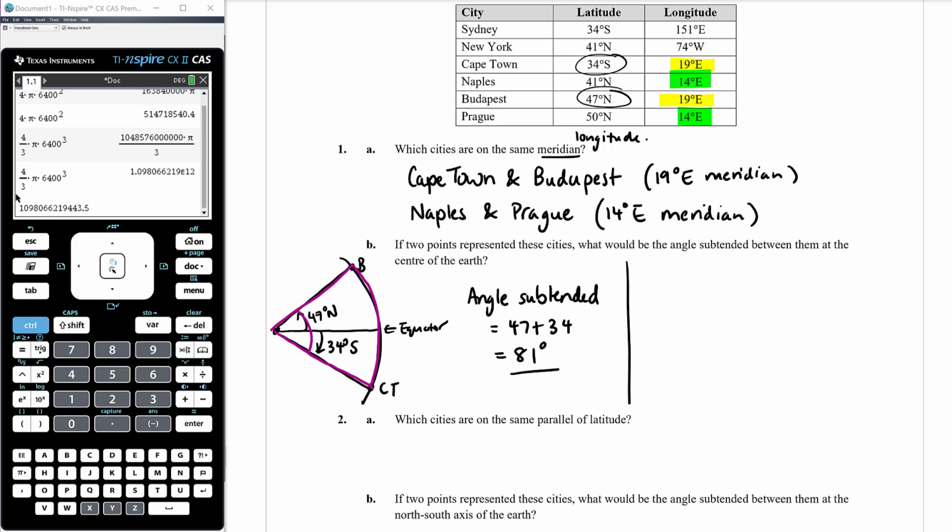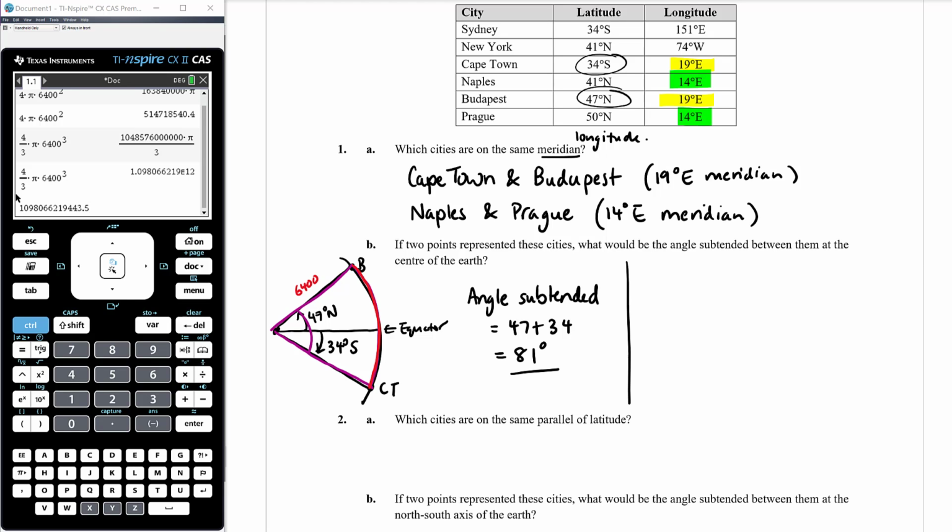You can see we're leading towards calculating distances using our arc length calculations. We could work out the distance between Budapest and Cape Town if we were to travel directly north or south, using this arc length and the fact that the Earth has a radius of approximately 6,400 kilometres. We'll get to that in subsequent videos.